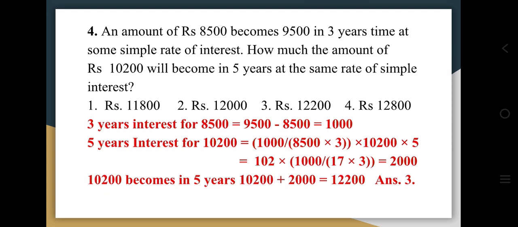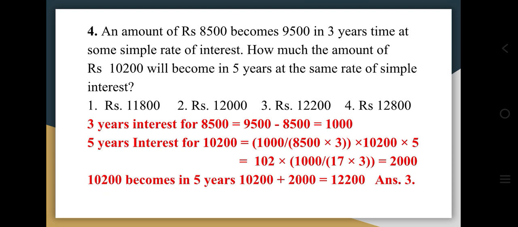So 3-year interest for 8,500 is 9,500 minus 8,500, which is 1,000. So 3-year interest for 8,500 is rupees 1,000.